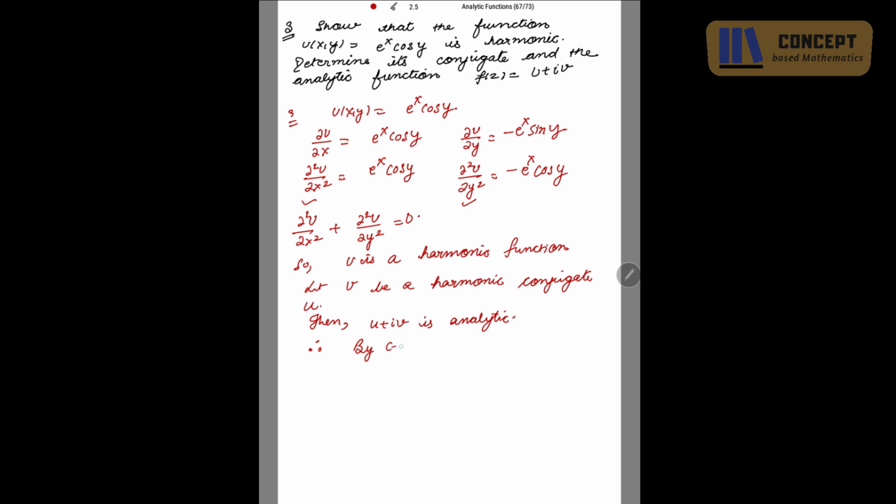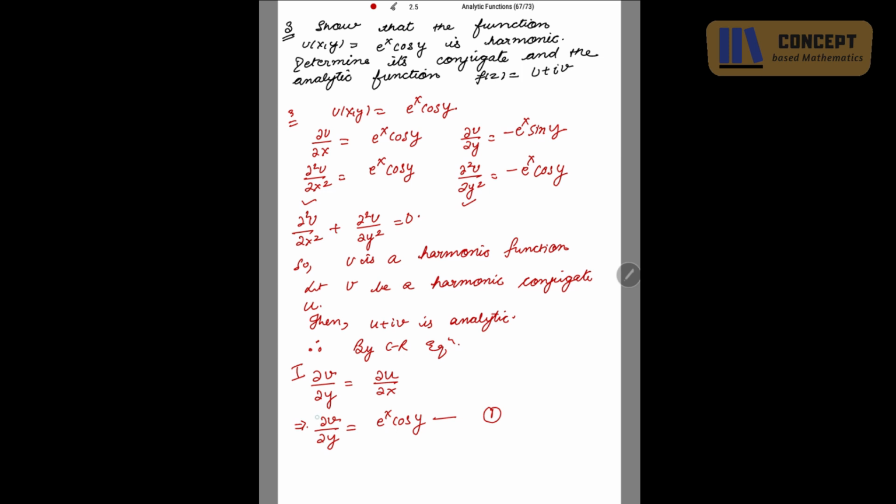So let's use our CR equations. By CR equation we know we have to take the first equation positive, that is del v over del y is equal to del u over del x. First we have to take the positive one. So del v over del y will be e to the power x cos y. Let it be 1.